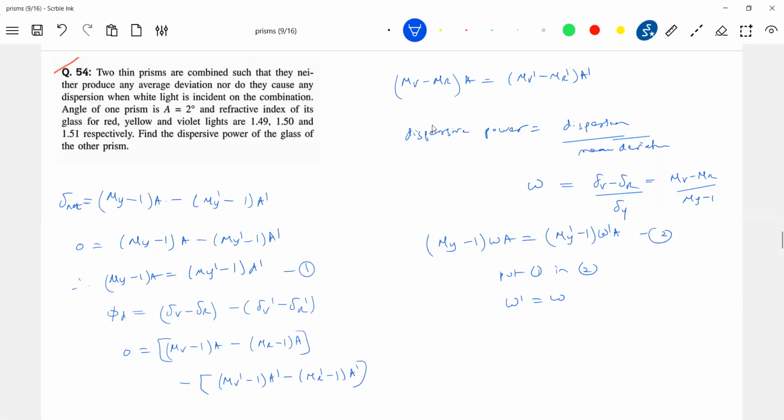Now what we know for omega dash, what is the formula we can write? Substitute all these values and you'll get the dispersive power.